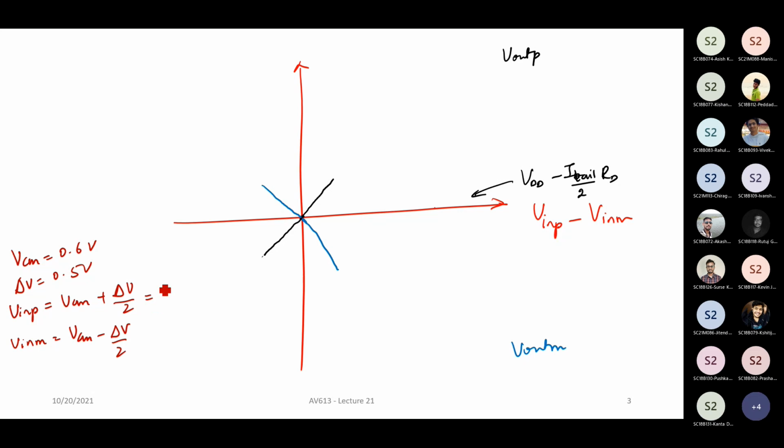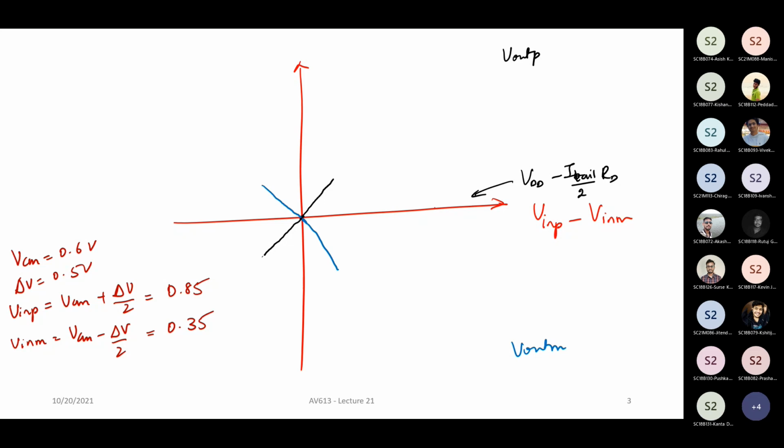Which becomes 0.6 plus 0.25, 0.85, and 0.6 minus 0.25, which is 0.35.